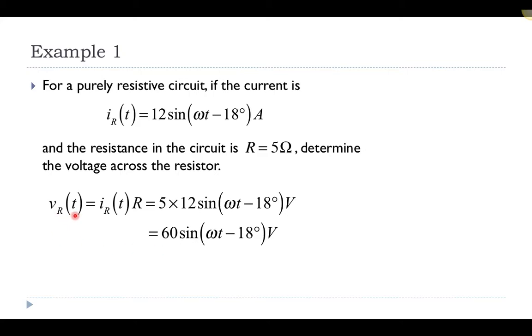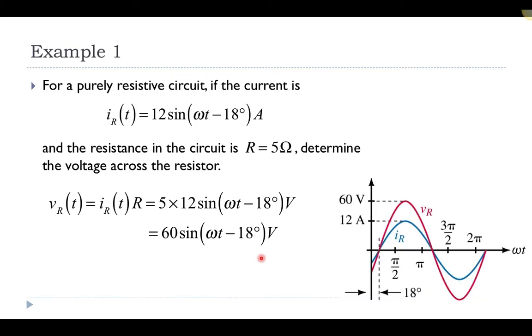The voltage across the resistor is the current times resistance, written in terms of sinusoidal varying functions. So it's 5 times 12, which gives me 60, and the sine function is exactly the same as the current, so it would still be sine omega t minus 18. The current and the voltage across that resistor are in phase with one another.